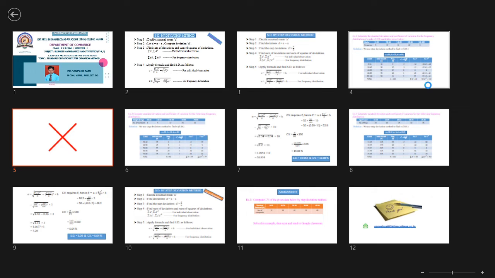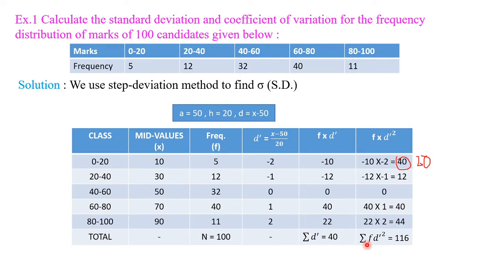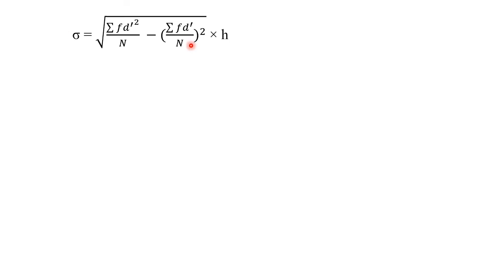Summation of f into d dash square is equal to 116. Summation of f into d dash is 40. A is equal to 50. H is equal to 20. These values put in this formula, and we get 116 divided by 100 minus 40 divided by 100 bracket square.